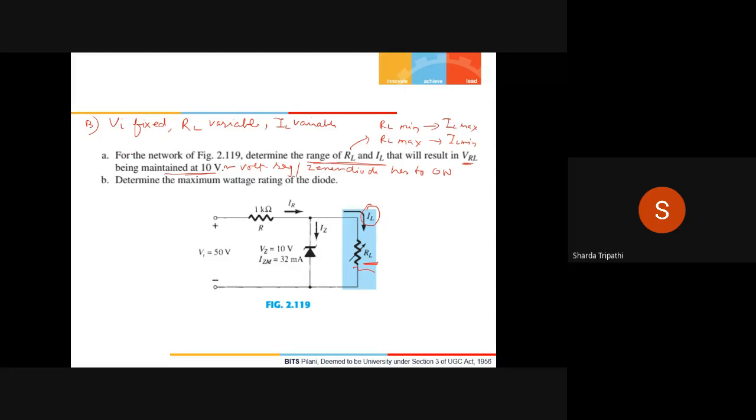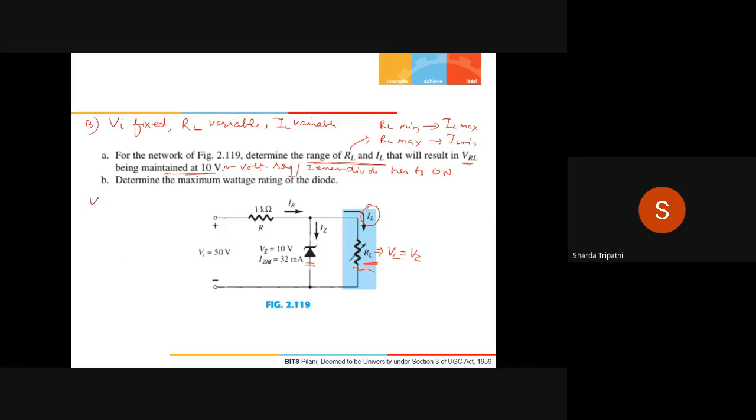So although here it's not mentioned anywhere कि breakdown है, but we know that if I want to maintain the constant voltage, the diode should be in the breakdown region. And if the diode is in the breakdown region, the voltage drop across this load resistance will be equal to the breakdown voltage of the diode. And this is the property that we are going to make use of for calculating the value of R min.